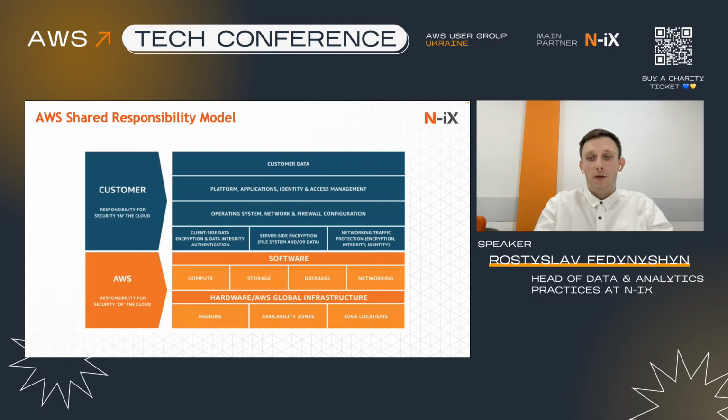For example, EC2 is categorized as infrastructure as a service, or if we're talking about abstract services such as Amazon S3 or Amazon DynamoDB, AWS operates the infrastructure layer, the operating system, and platforms, and customers access the endpoints to store and retrieve data. Also, customers are responsible for managing their data. So that should be clear.